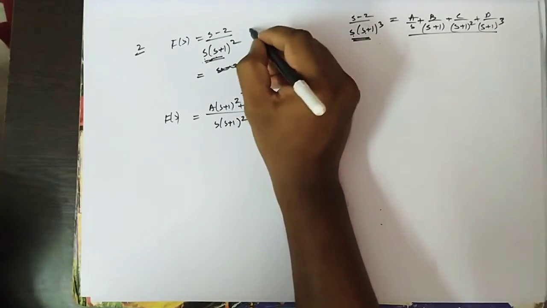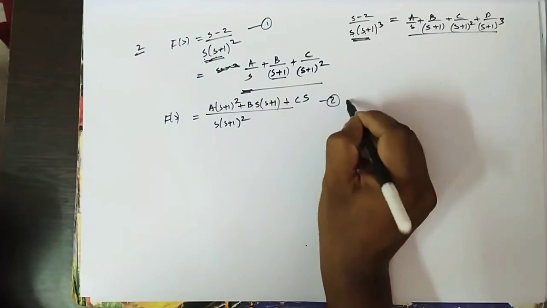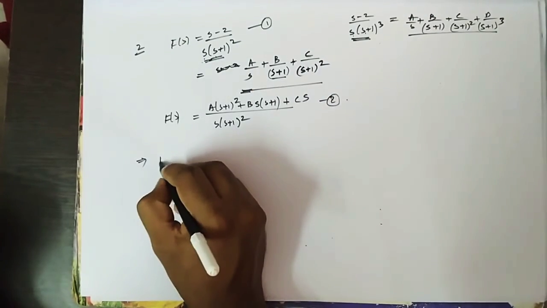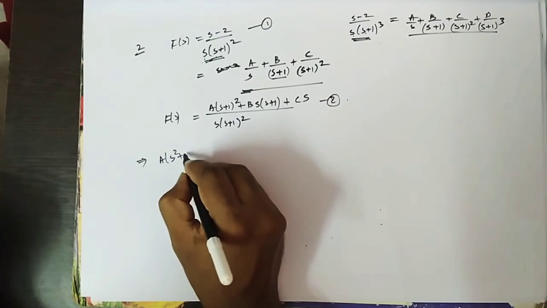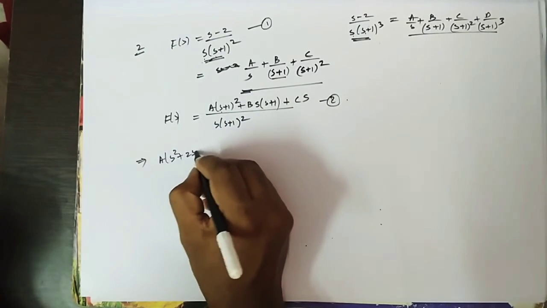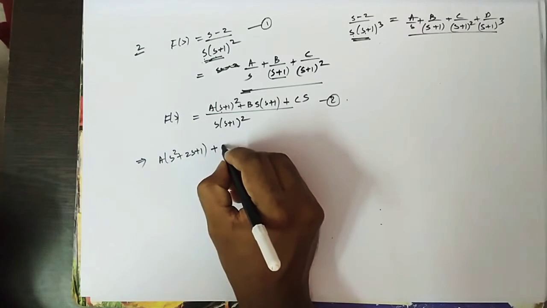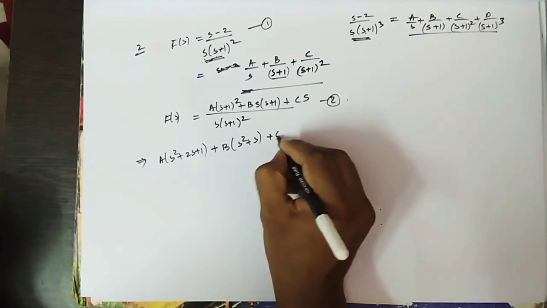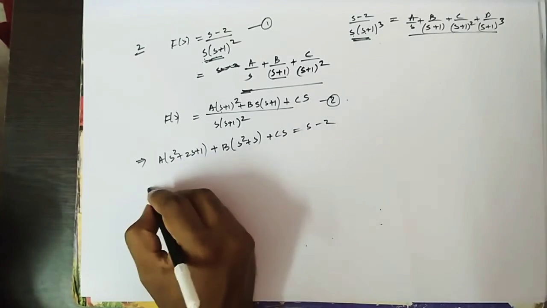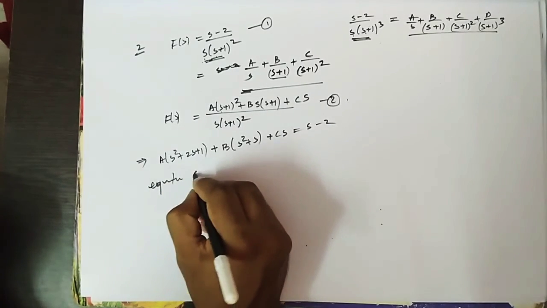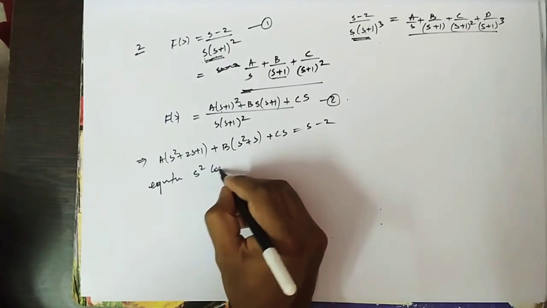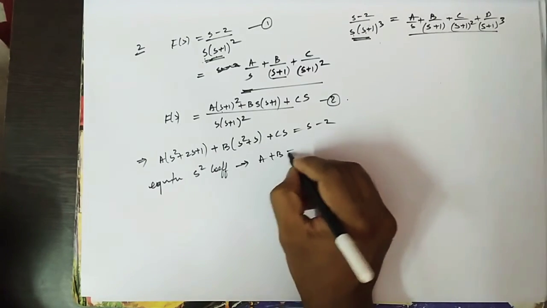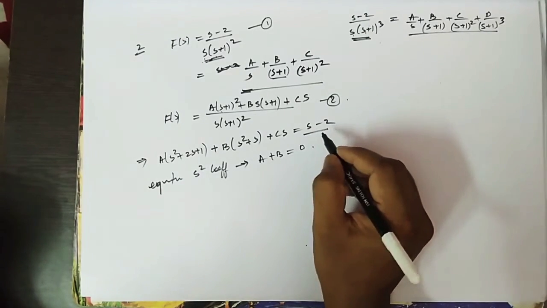Okay. Now you equate this equation with the original equation, equating numerators. So a of s square plus 2s plus 1 plus b of s square plus s plus cs equal to s minus 2. Equating s square coefficients, you get a plus b equal to 0, since there is no s square component on the right.